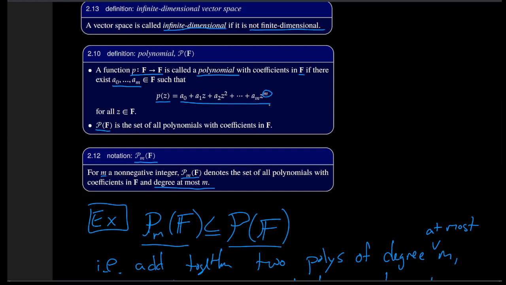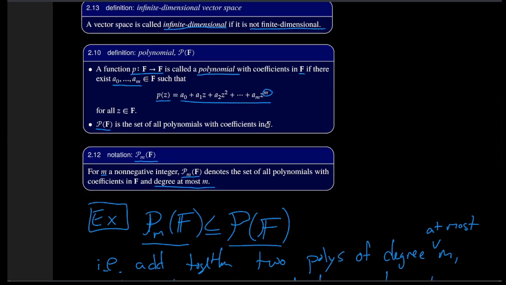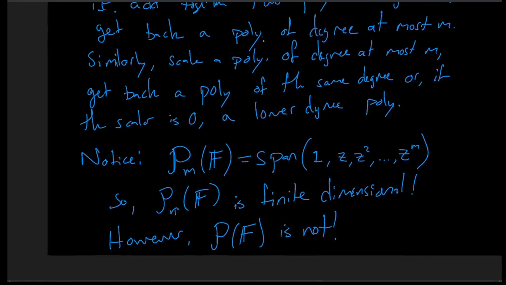Take the polynomial of highest degree in that list, and that would say that every polynomial is of degree at most that number. But you can make polynomials of arbitrarily high degree, so certainly that is not the case. So the polynomial functions for f a big enough field, right, not a finite field, is not a finite dimensional vector space because it's not spanned by a finite list.